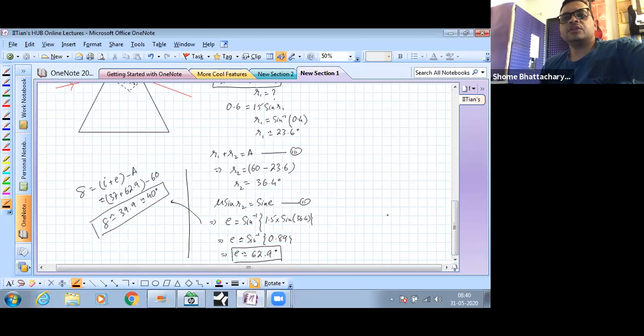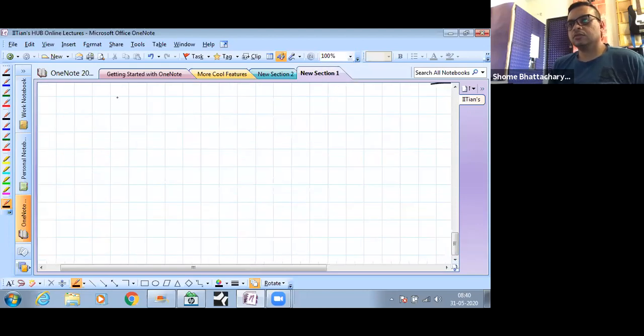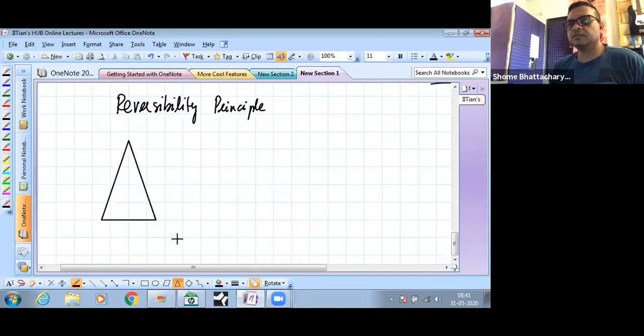Okay, now the next thing you have to understand here is the principle of reversibility of light, and how that applies. The reversibility principle works like this: suppose I have a given prism, with a given angle and refractive index mu.